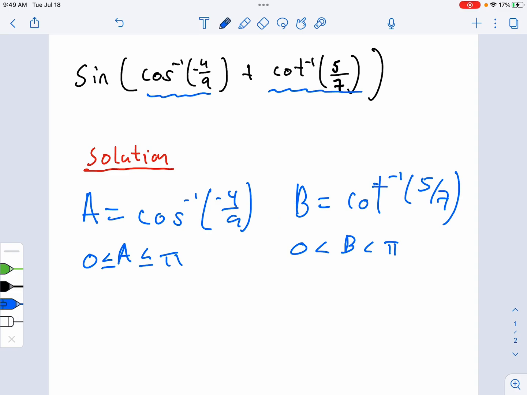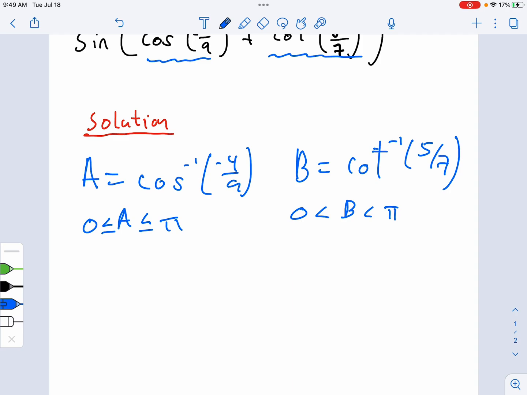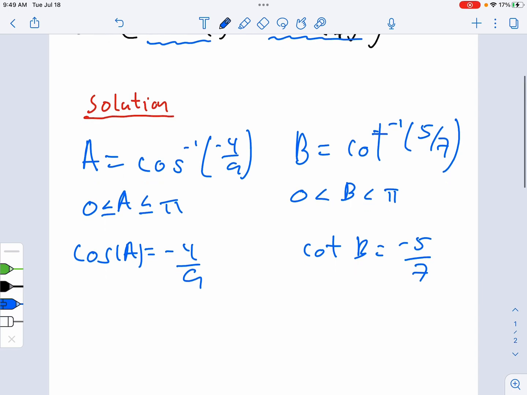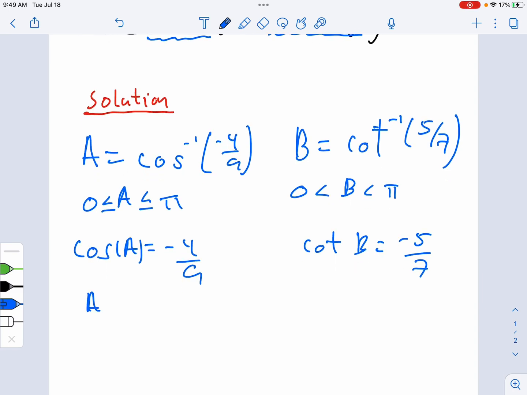Now, let me start with A equals cosine inverse of minus 4/9. This is like saying cosine of A equals minus 4/9. And B is saying cotangent of B equals 5/7. In particular, A has to be in quadrant 2, because if the cosine of the angle is negative, and your angle range is between 0 and pi, between the first and second quadrant, then it's got to be in the second, because that's where cosine is negative.